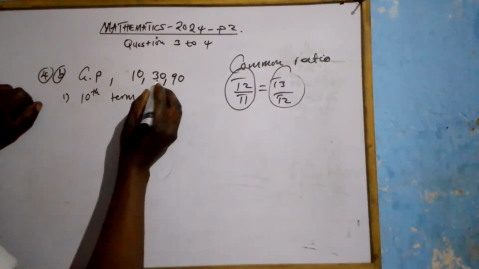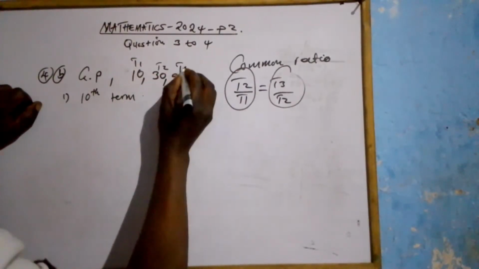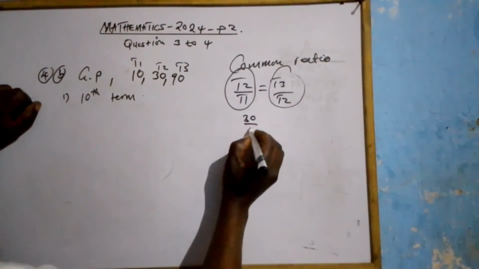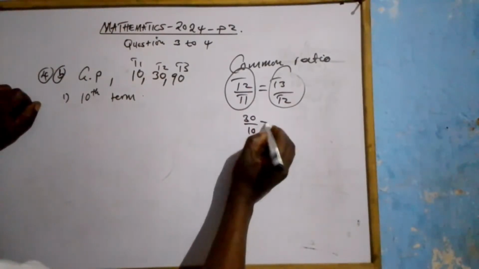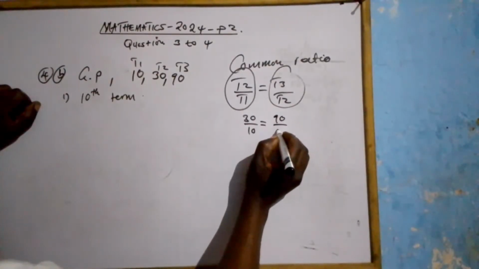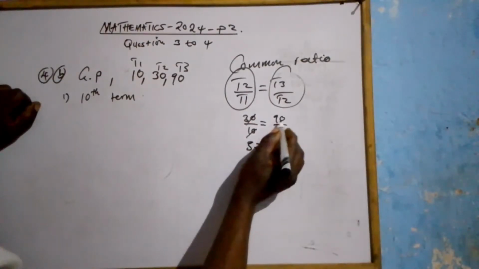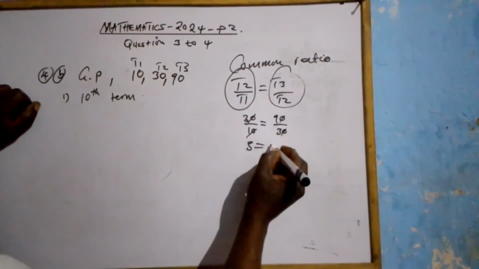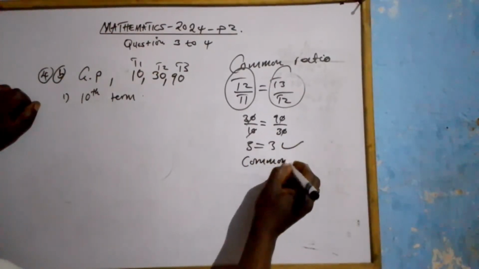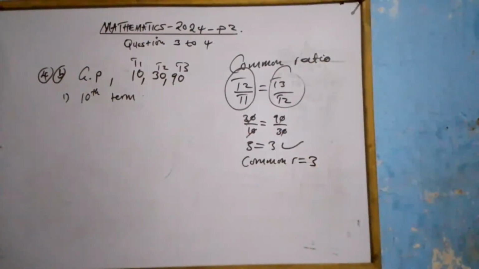T2 is 30 over T1 which is 10, should equal T3 which is 90 over T2 which is 30. So 30 over 10 is 3, and 90 over 30 is 3. So our common ratio is 3. I hope you are following what I'm doing here.